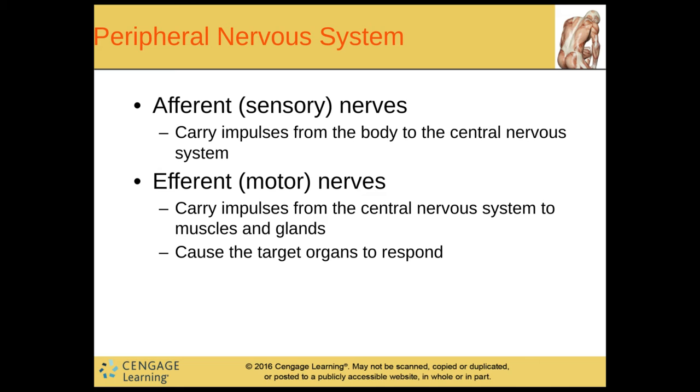So if I want to grab a doorknob, right, then I use these efferent nerves because they carry the impulses from my brain to my muscles to make that motion, right? So it helps to target those organs to respond. And that's a very, very minuscule example, right? Because it does everything in your body, even those involuntary motions, like blinking and breathing and your heart beating and things like that.